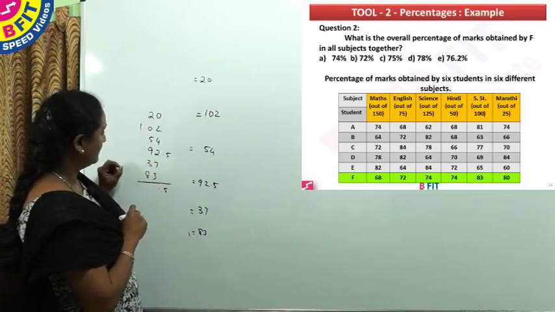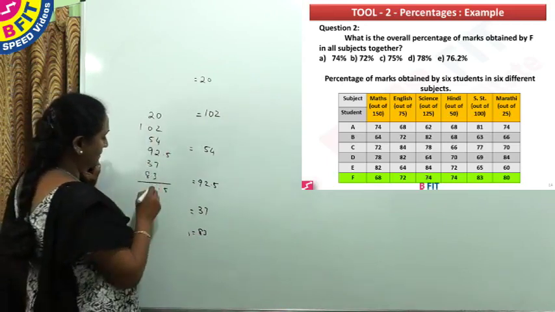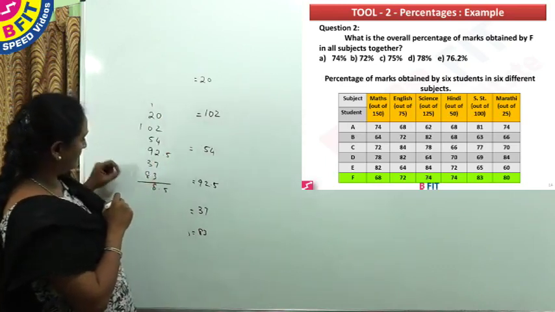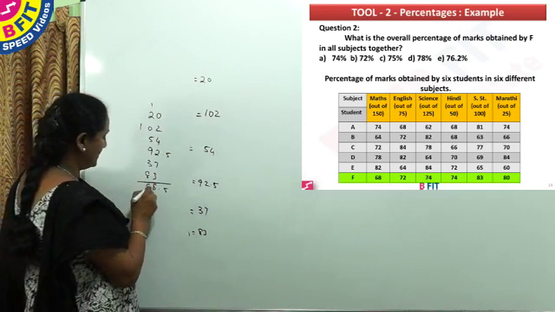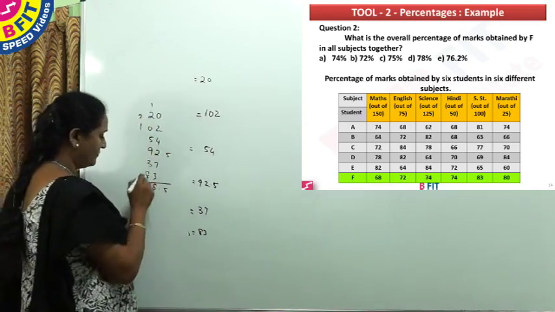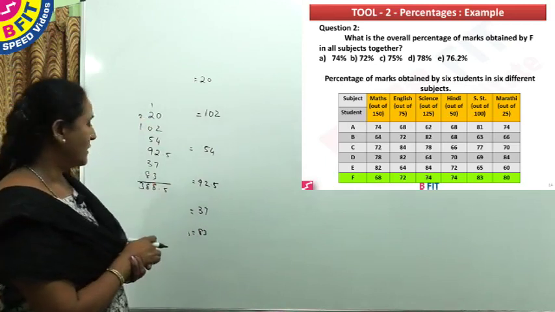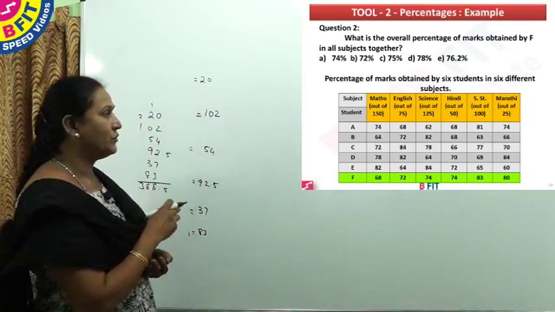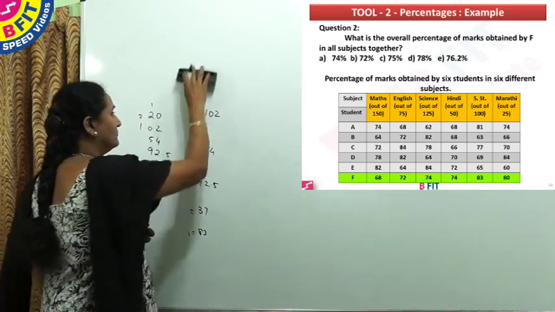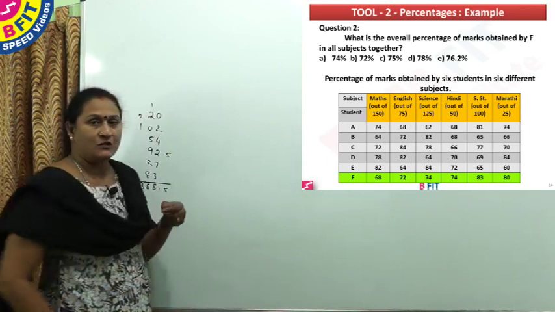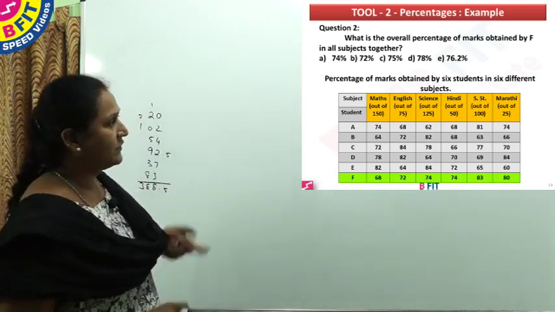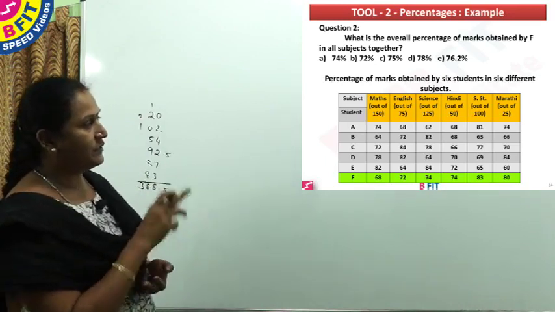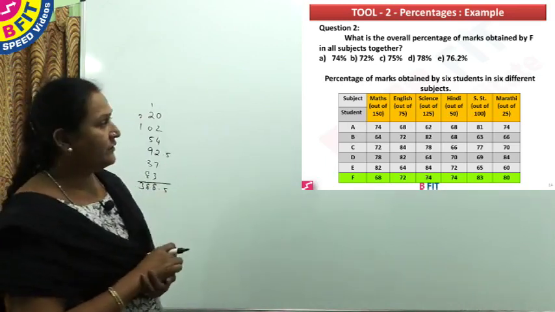So 10 and then 8, 18, so 10, 8, 16, 28 and 2. So total marks got by him is 388.5, and we have to find the percentage out of this total. Adding all the maximum marks, we get 150 plus 75 plus 125 plus 50 plus 125. So 525.